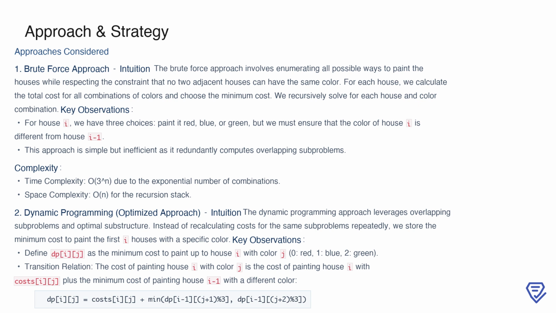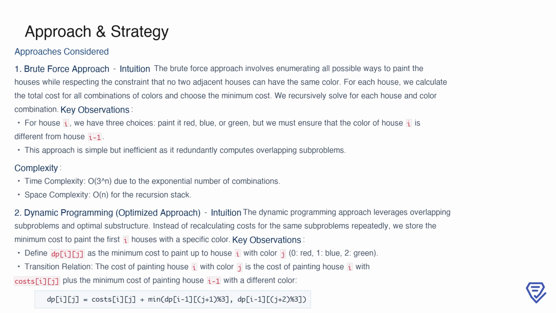By recursively calculating the total cost for all combinations, we can eventually find the minimum cost. However, this method is highly inefficient because it repeatedly solves the same subproblems, leading to exponential time complexity of 3 to the power of n. The space complexity is O(n), due to the recursion stack, which is another limitation.